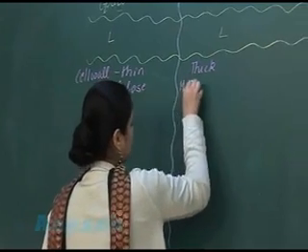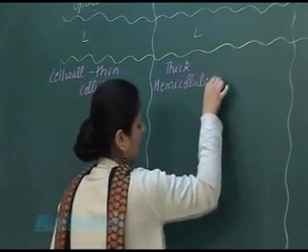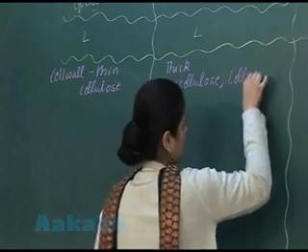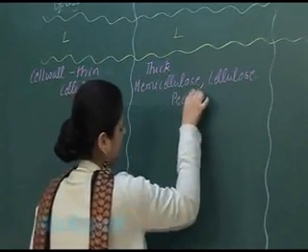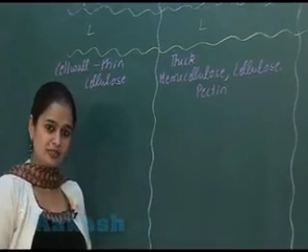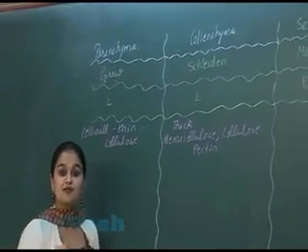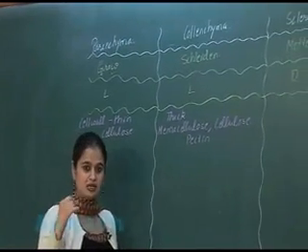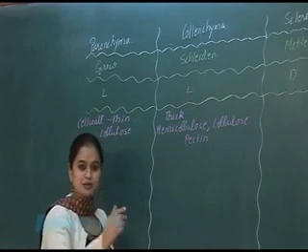Yes, please repeat it. Hemicellulose, cellulose, and which is the third one? That is pectin. Thickenings are present, but in the collenchyma, the thickenings are present in the form of patches. कहीं पर thickening present होगी, कहीं पर thickening absent होगी.